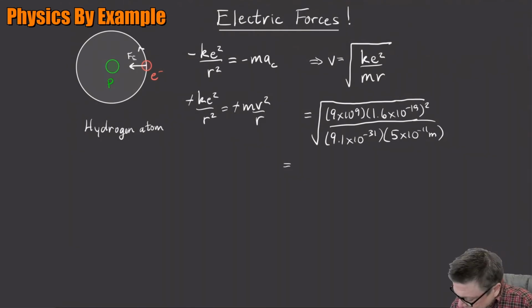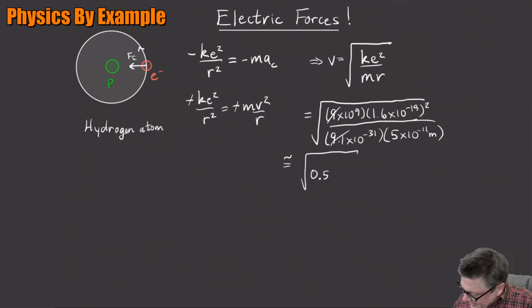All right. Well, first of all, if we're just trying to do about 9 and 9.1, I can cancel those out. I don't care. So 1.6 squared, 16 squared is 256, so 1.6 squared is like 2.5. Divided by 5, that's like a half. So this is going to be the square root of 0.5.